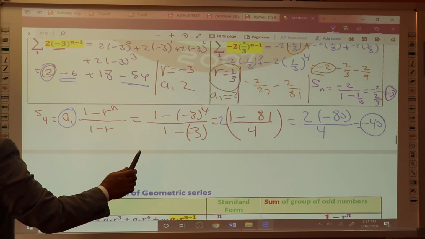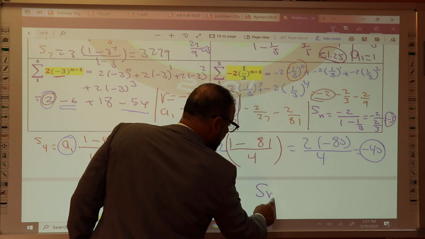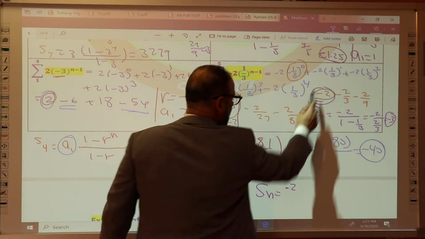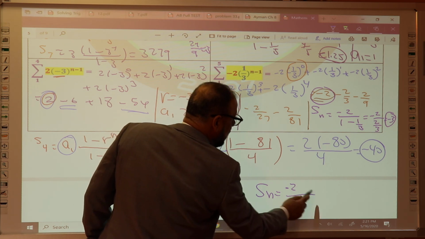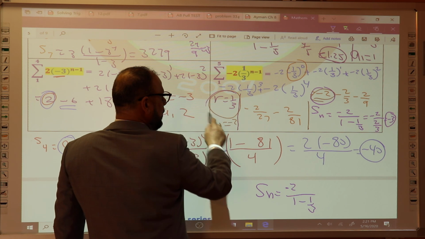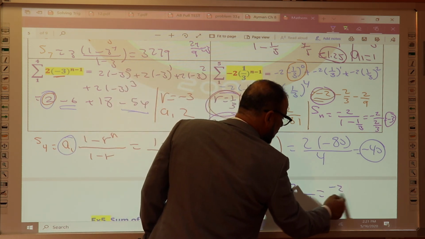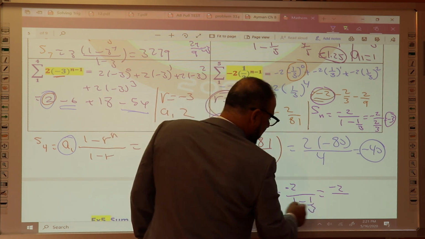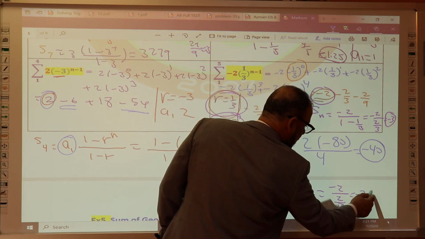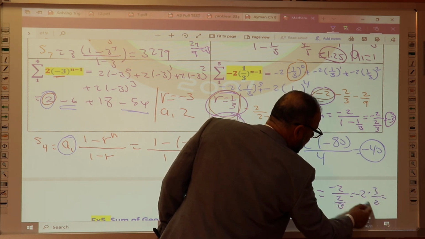Here, S, because we have negative 2, 1 minus R is 1 minus 1/3, and A1 negative 2 over 2/3, which is negative 2 times 3 over 2, which is negative 3.